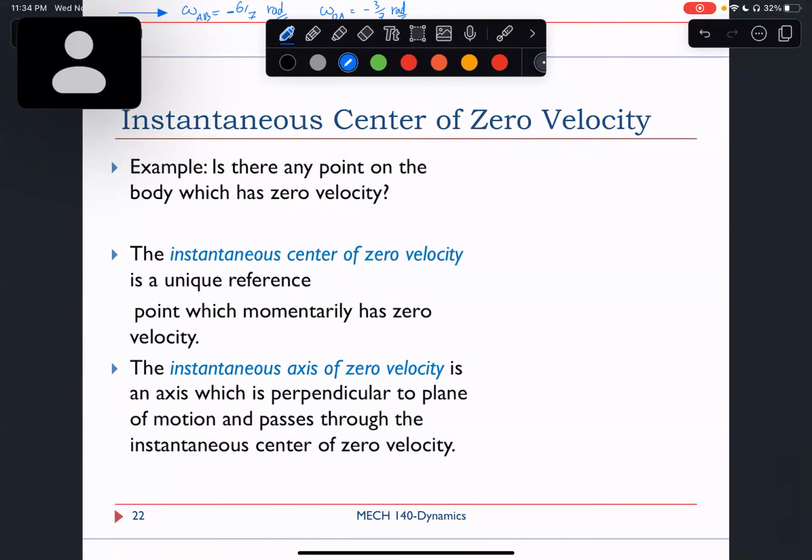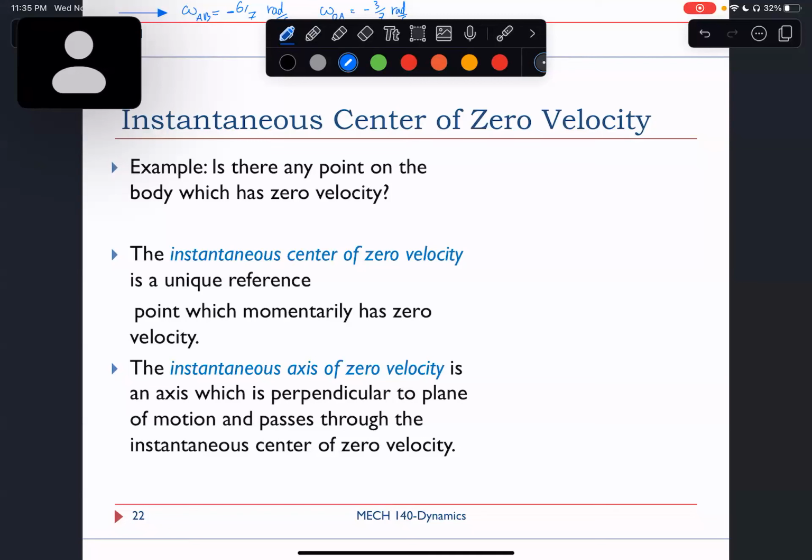Now let's move on to the last topic that I want to talk about today. It's about instantaneous center of zero velocity. Before, we found the velocity of a point on the rigid body by adding relative velocity, where the reference point was some convenient point whose velocity we either knew or was easy to find.